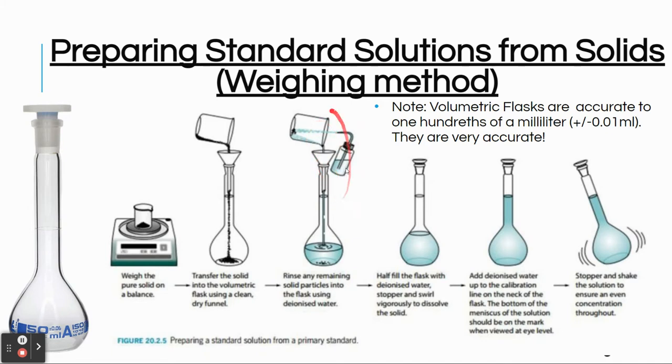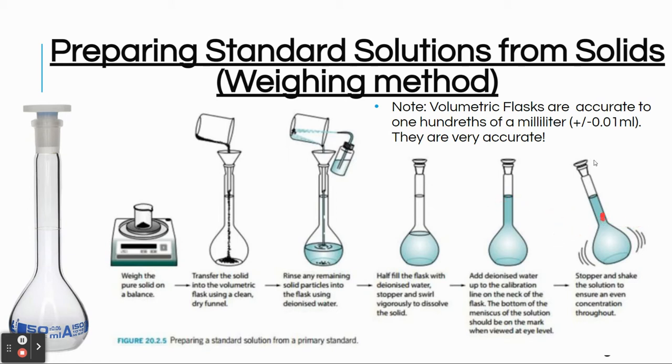Your goal is to reach this line over here, because this line tells you when you have to stop adding water. First you add the water about halfway so that you can swirl it around a bit to dissolve the solute. Once the solute is fully dissolved, then you can continue adding water up to the etched line over here. And that's when you know that you're done adding water.